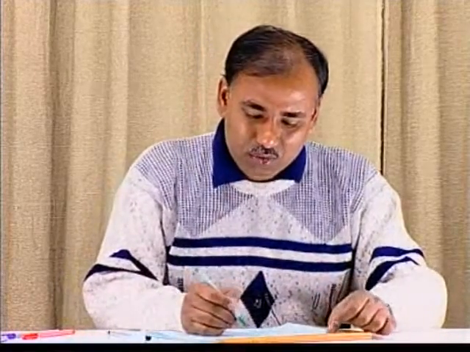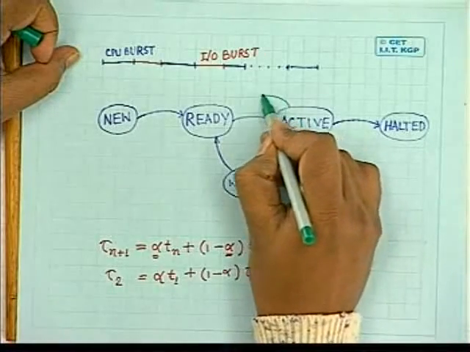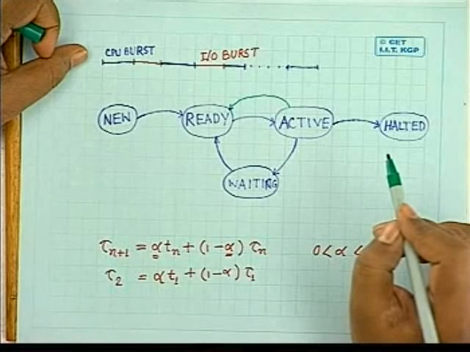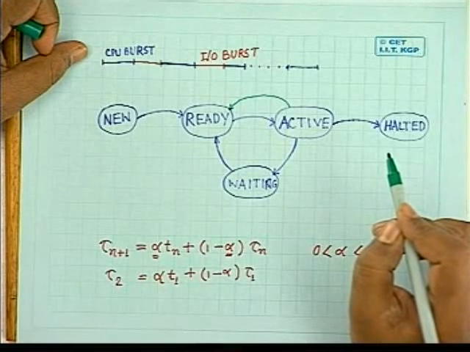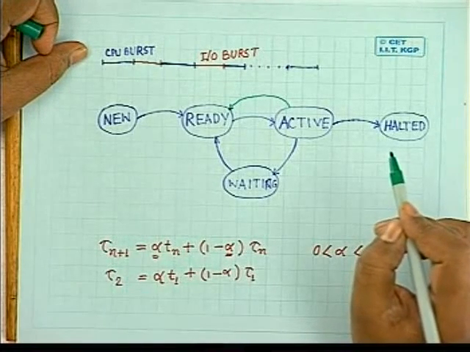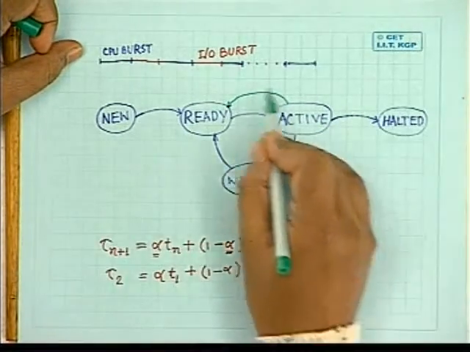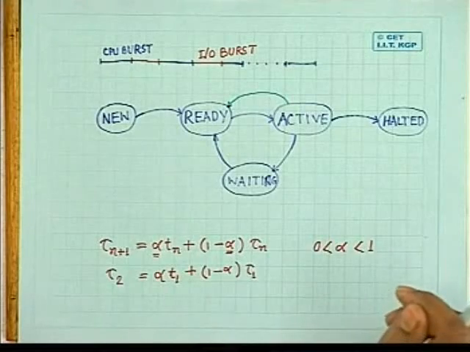So I have to have another path to send a job from active state to ready state. Okay. So this completes the process state diagram.